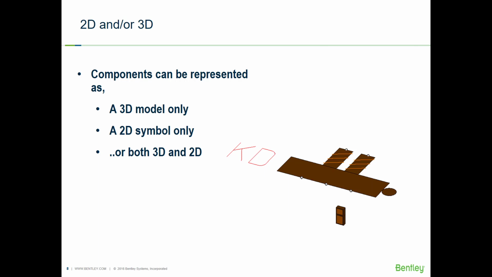The 3D model should be scaled 1:1, and the 2D symbol is normally upscaled, and the purpose of that 2D symbol is for printing. So if we print out a model in a scale of 1:1000, the 3D model is usually too small to be visible on that printout.